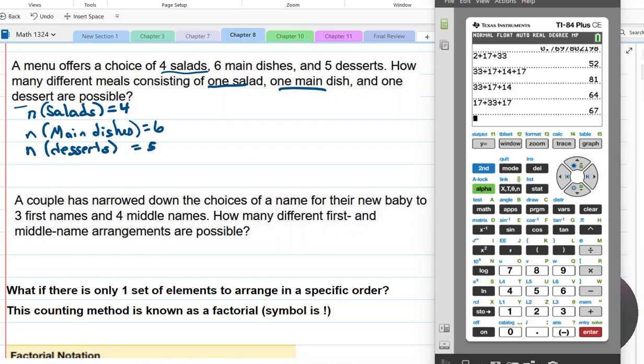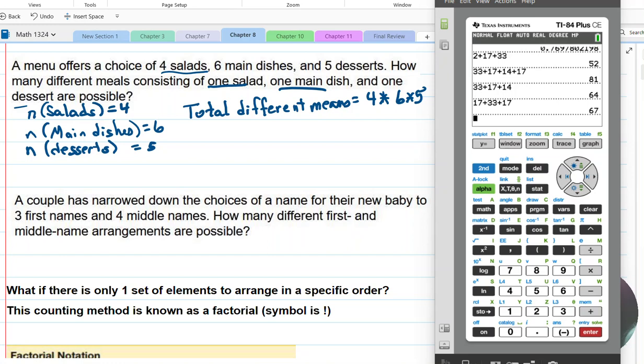Well, we don't want to do the tree diagram, so we want to just state total different meals equals 4 for the salad times 6 for the main dish times 5 for the desserts.